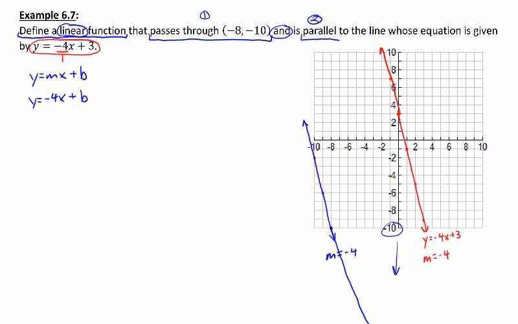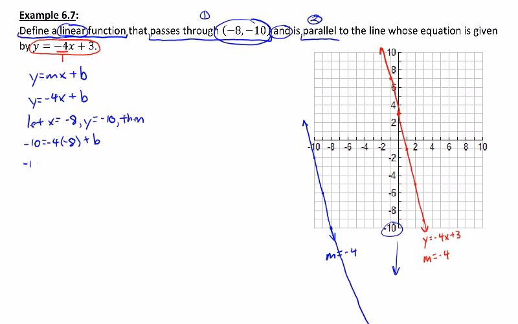The point that we've been given is (-8, -10). So I'm going to let x be equal to -8, let y be equal to -10, and then my equation is now going to read -10 is equal to -4 times -8 plus b.